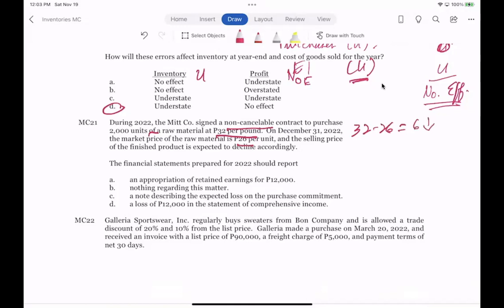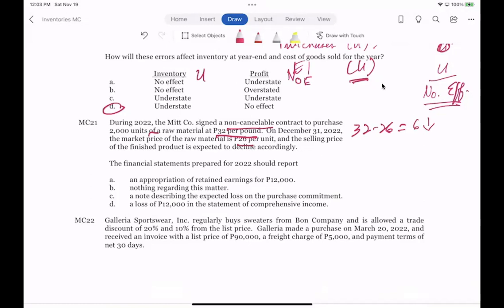The selling price of the finished product is expected to decline accordingly. So this is a non-cancelable purchase commitment, and there is a loss because of the decrease in the market price of the committed goods.